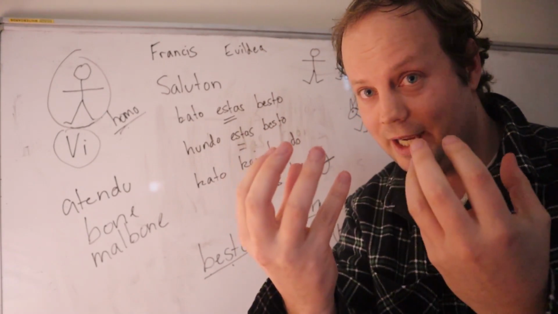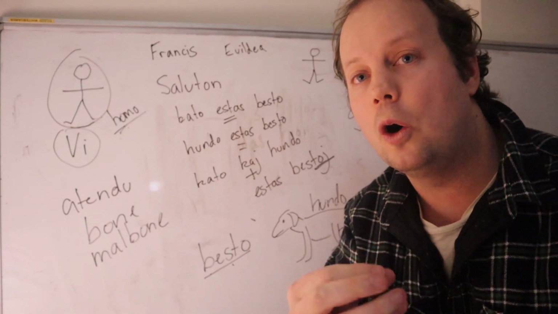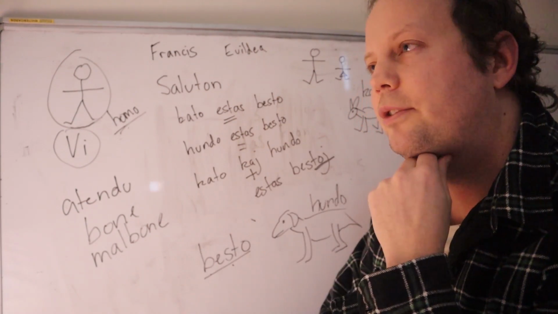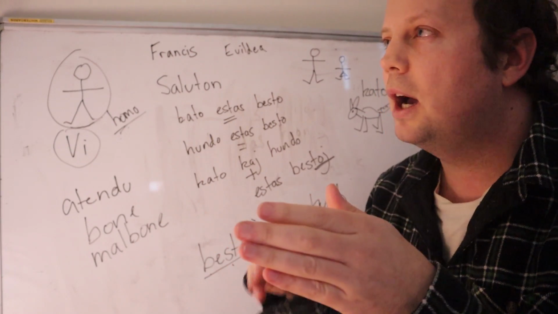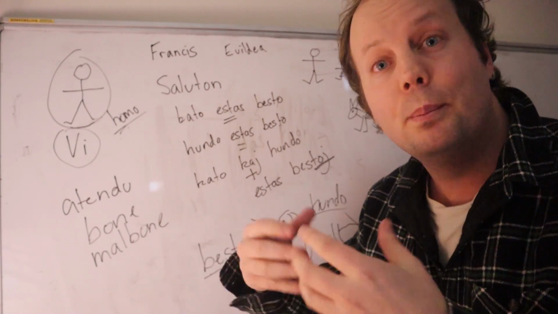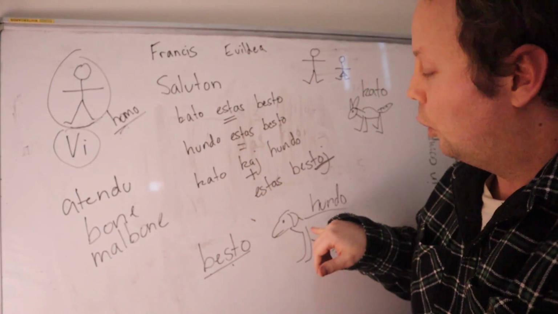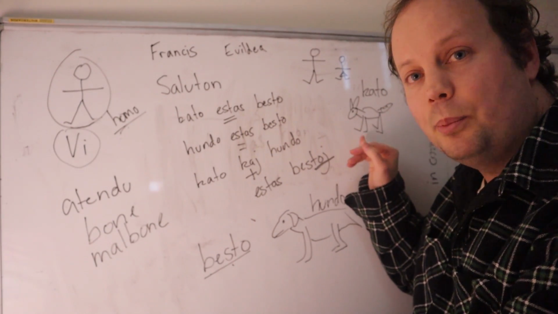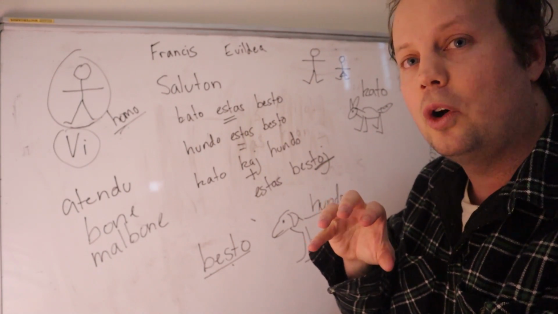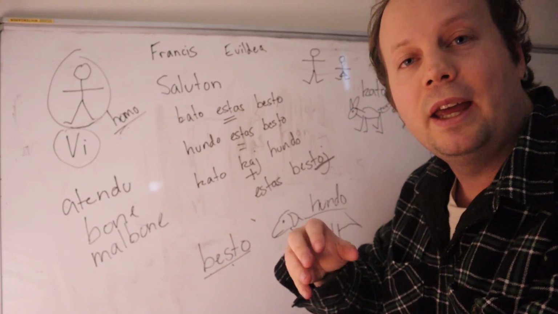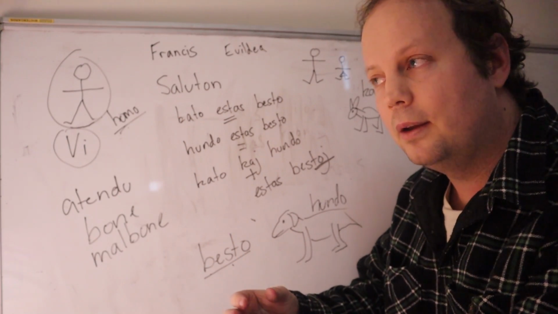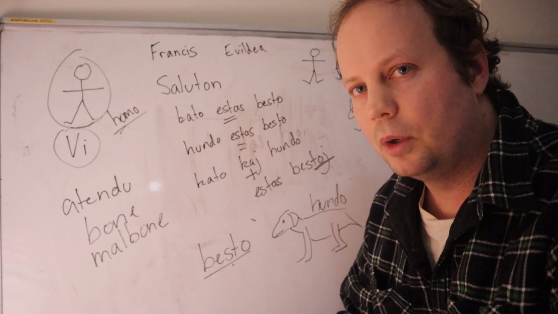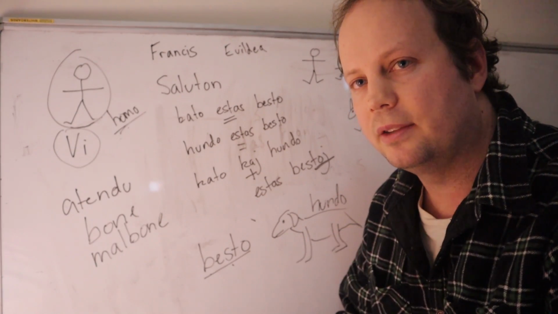Mi kai vi estas homoj. Hundo estas besto. Kato estas besto. Kato kai hundo estas bestoj. Vi estas homo. Mi estas homo.